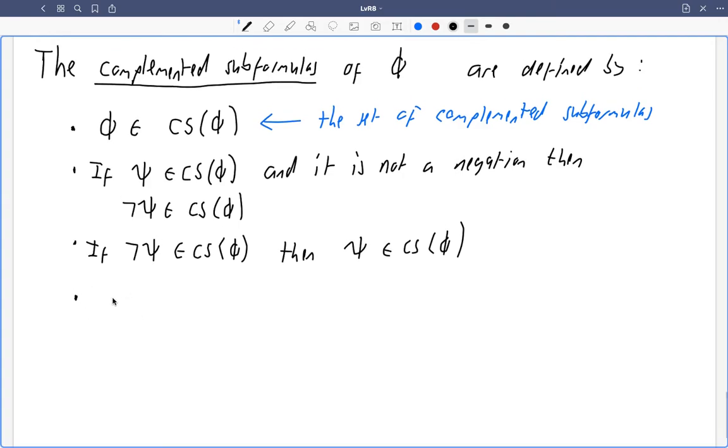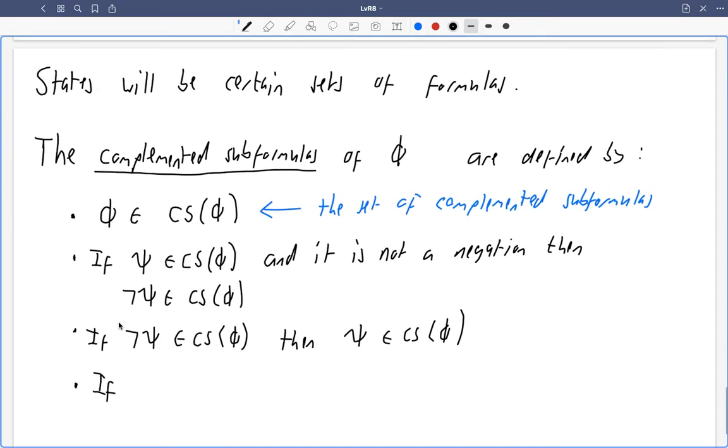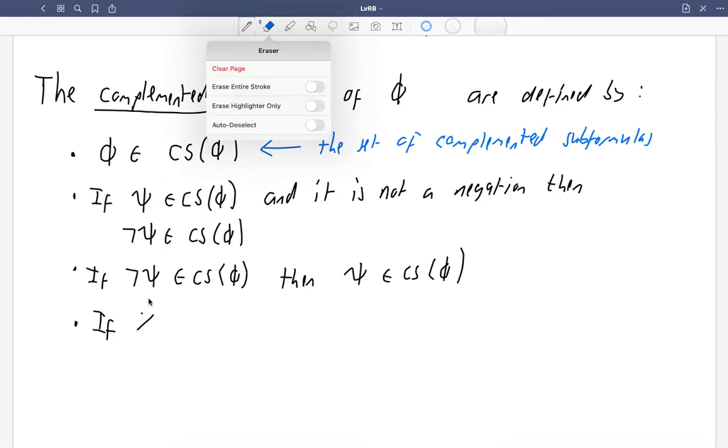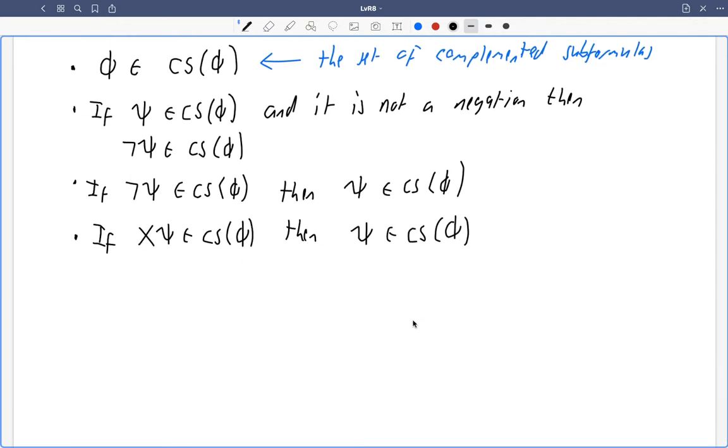And also, we do the same for any complex formula: if next psi is a complemented subformula of phi, then also psi is a complemented subformula of phi, because if this is a subformula, then psi is also a subformula.